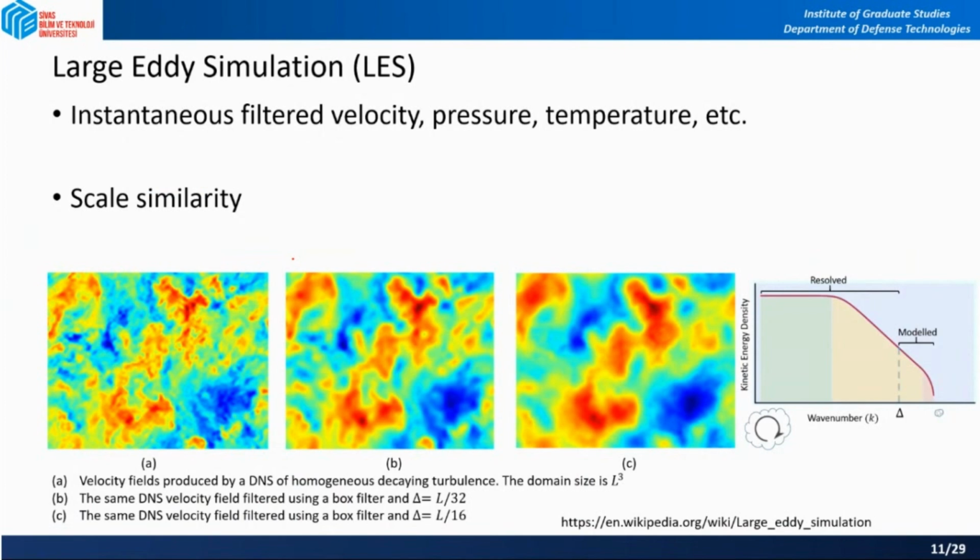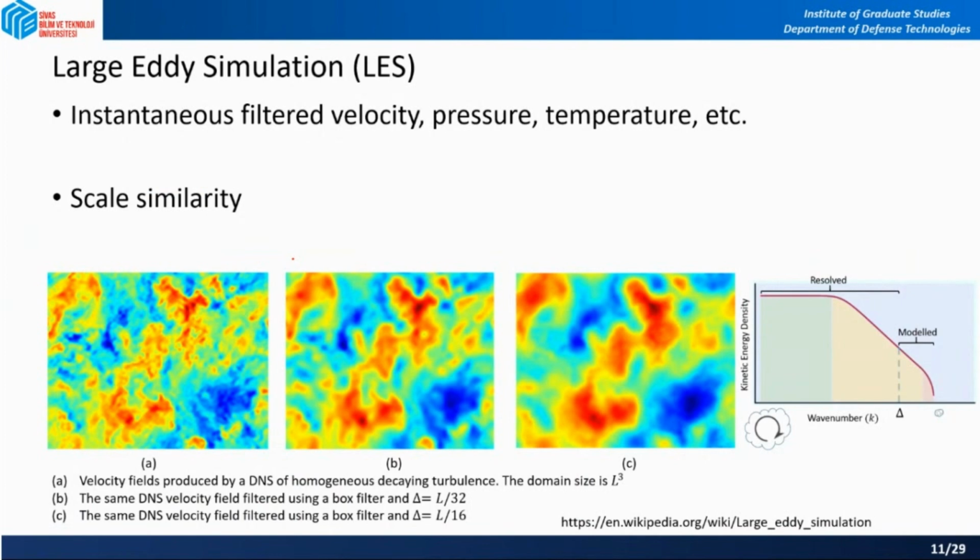The left one is a result of DNS data. The domain is a cube of size L, and it is exactly similar to what you get, for example, from PIV measurements. DNS means that it doesn't involve any modeling.